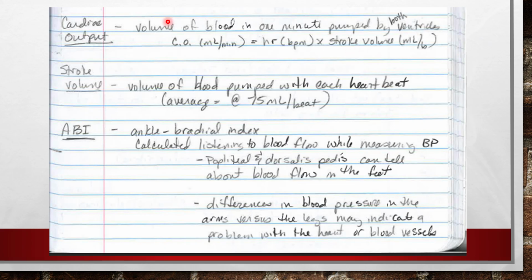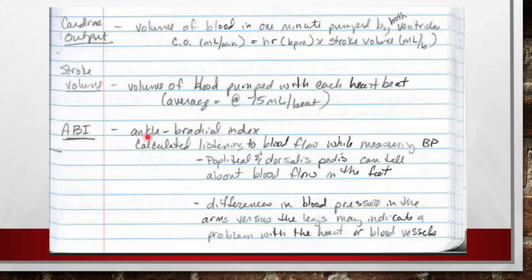To find your cardiac output, you do your heart rate in beats per minute times your stroke volume, which is milliliters per beat. Stroke volume then is the volume of blood pumped with each heartbeat. The average stroke volume is about 75 milliliters per beat.